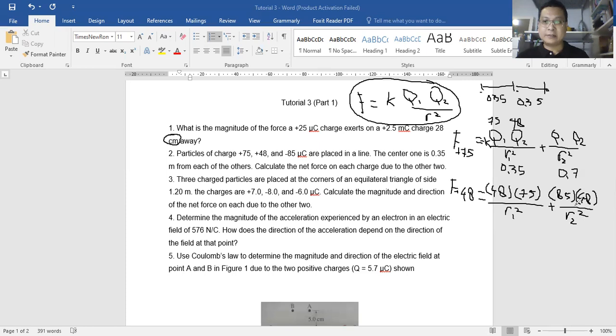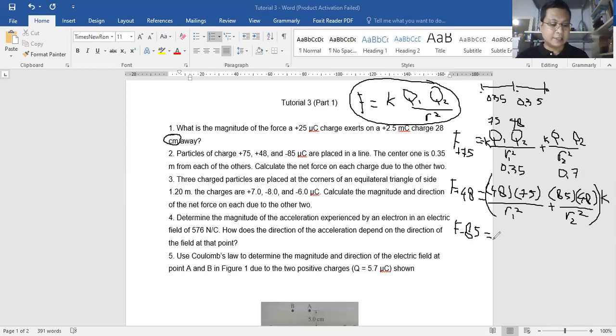Don't forget to multiply with the K. This also has K, this one also has K, so we can put the K outside. And then after that you calculate F for negative 85.